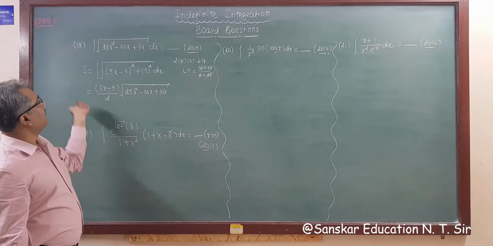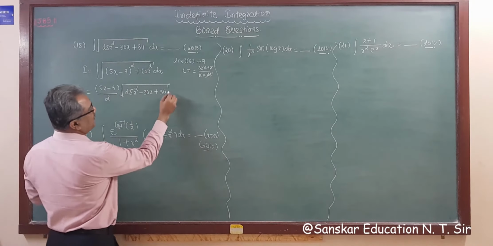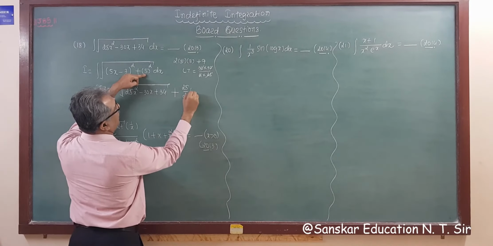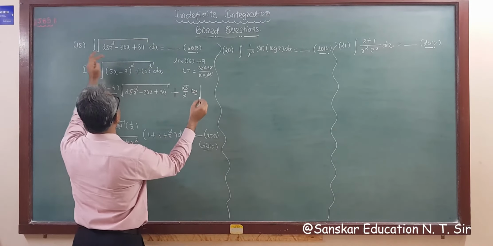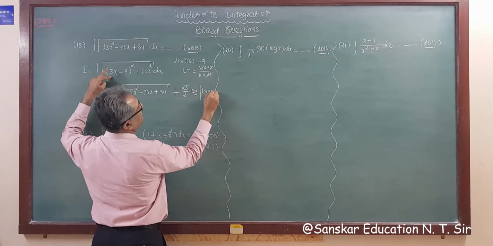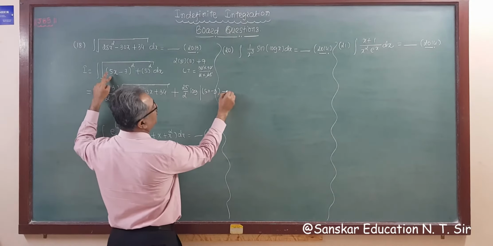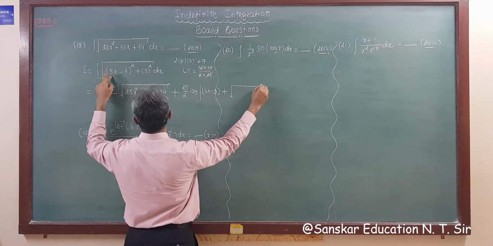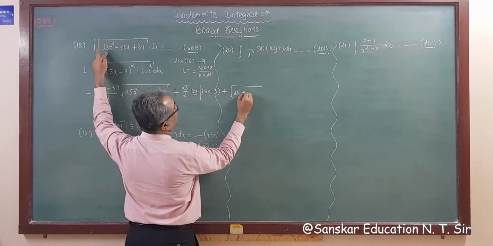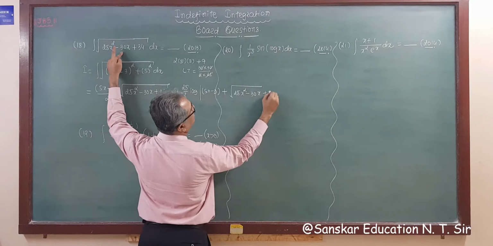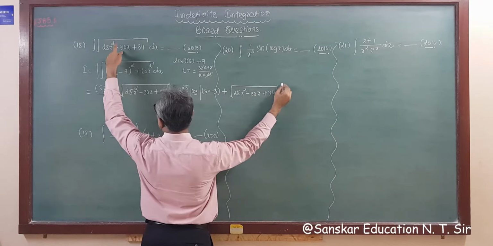Then plus a square by 2, that is 25 by 2, and log of x, where x is 5x minus 3, right? Log of x plus under root, under root as it is, that is square root of 25x square minus 30x plus 34. This is your answer, right?